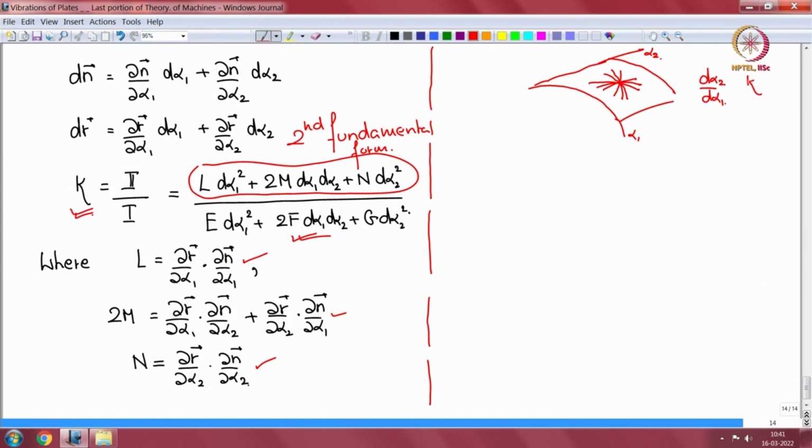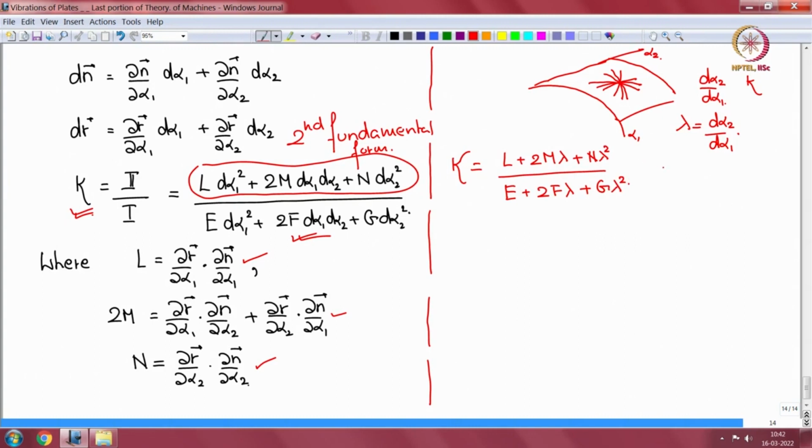So what should we do? What we do now is this: we substitute lambda for d alpha 2 by d alpha 1, and then I get kappa written as L plus twice m lambda plus n lambda square by E plus twice f lambda plus g lambda square.